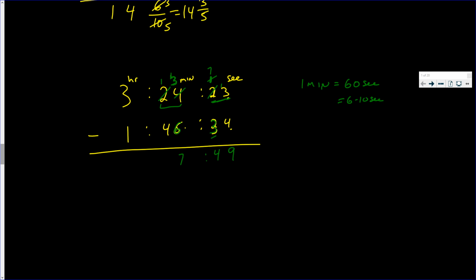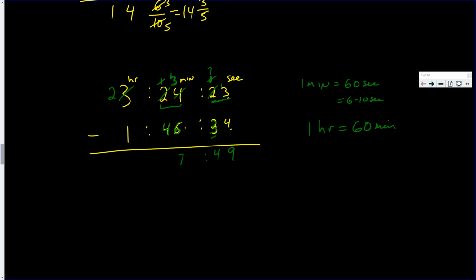Now I'm stuck. I have 1 10 minute, and I'm attempting to take away 4 10 minutes. So I have to borrow. Instead of having 3 hours, I now have 2 hours. Once again, 1 hour is not 10 minutes. It is 60 minutes. So I have to add 60.